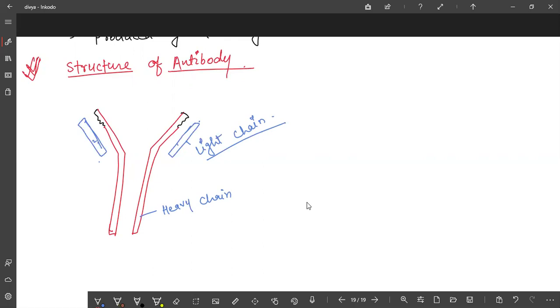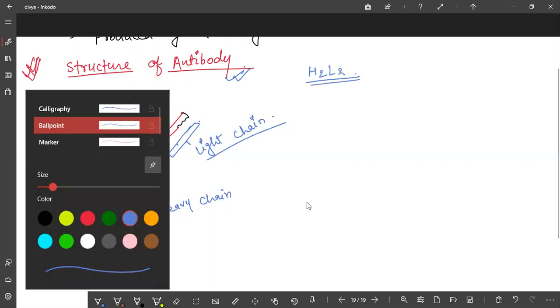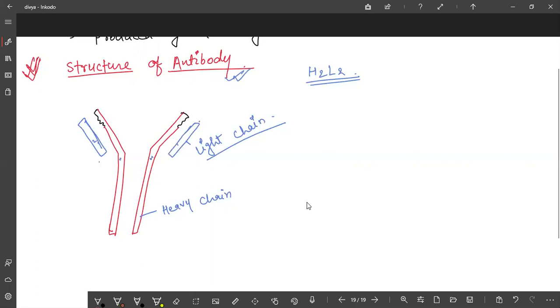And how many heavy chains are there? Two. So structure of antibody is represented as H2L2 structure. What is the meaning of H2L2? Two heavy chain and two light chain.